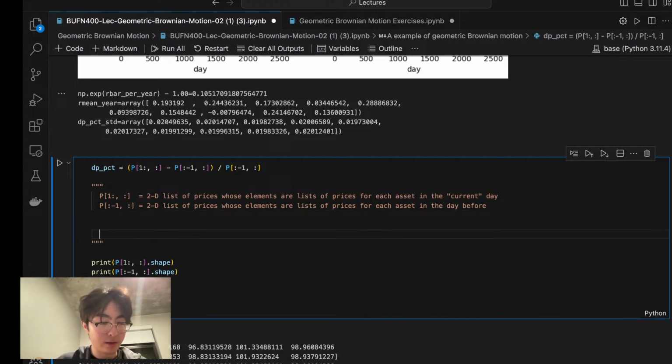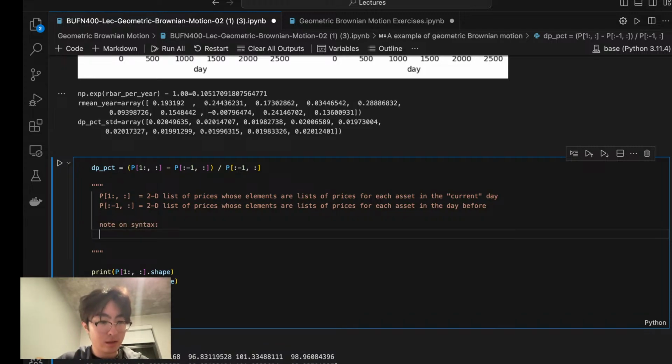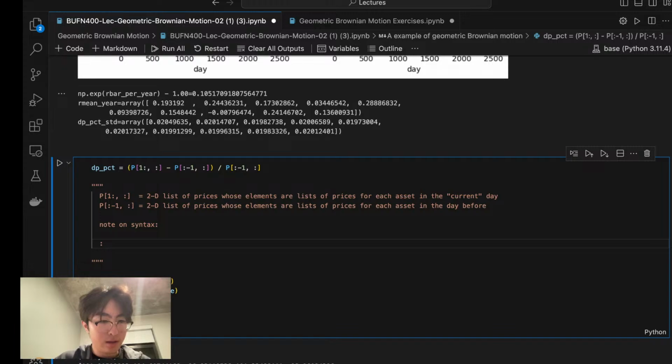Okay, and then I'll create a note. So notes on syntax. So -1 is indexing.